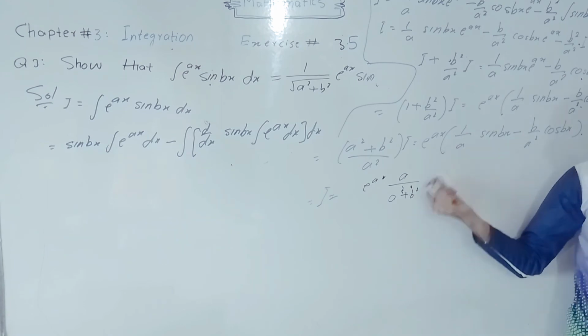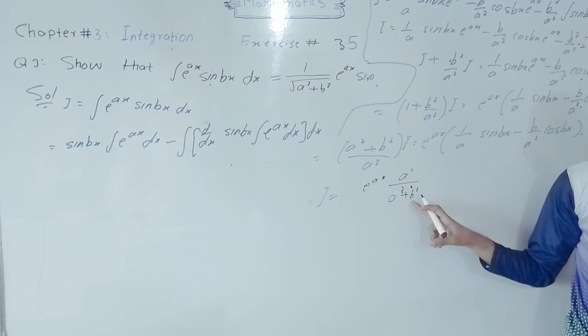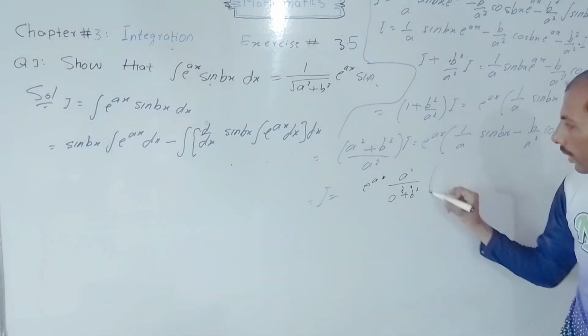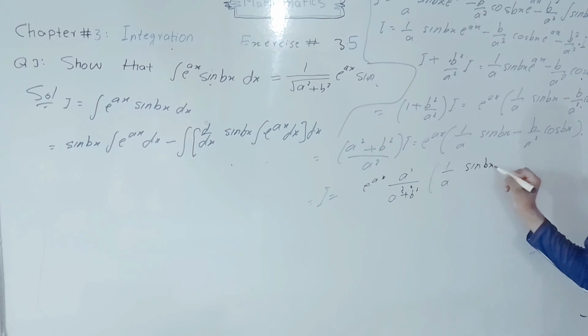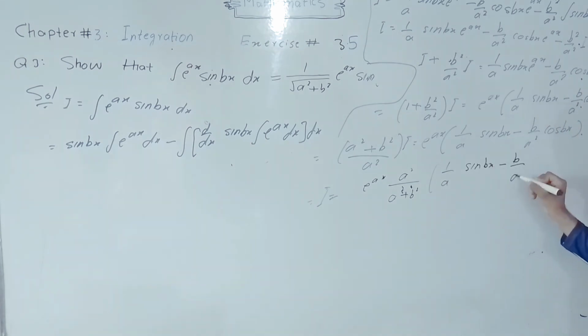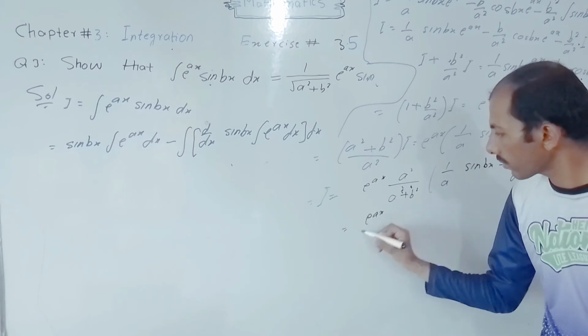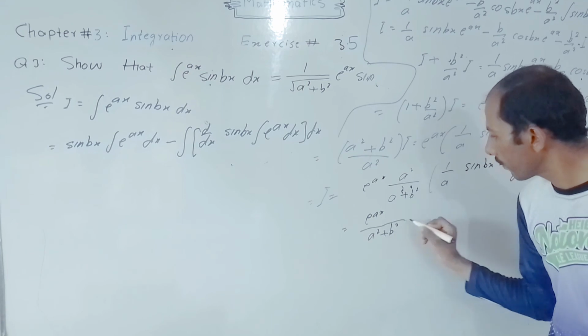So the division can also be written in numerator form, a square plus b square into 1 divided by a sin bx minus b divided by a square cos bx, so is equal to e power ax divided by a square plus b square.